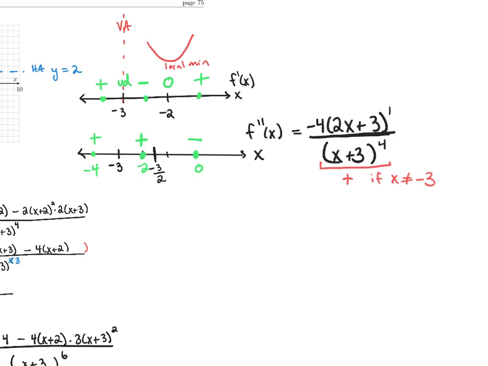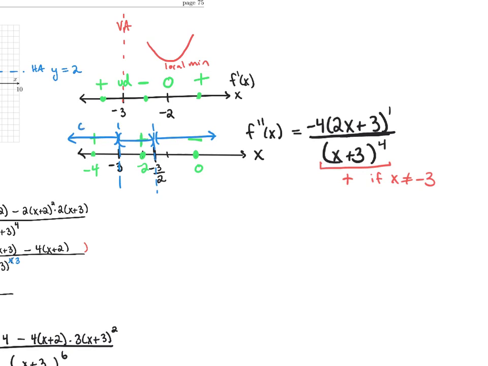So now we're going to take a look at that number line, and first remember where our divisions were. Our divisions were at the places where the original function was undefined or where the second derivative was 0, and that splits us into 3 intervals. So to the left of negative 3, between negative 3 and negative 3/2, and then to the right of negative 3/2.